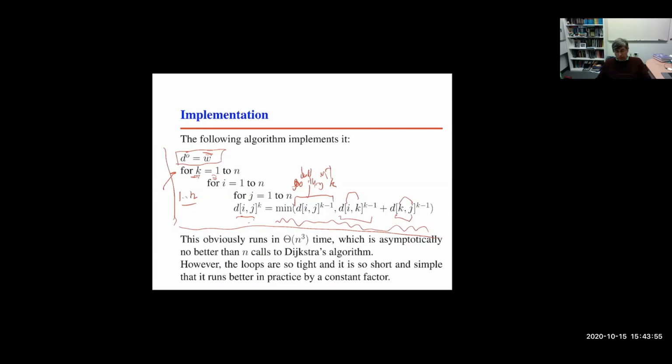Does everybody see that if I run this thing, by the time I get to the end, d sub ij raised to the n is the shortest path from i to j using any vertex as a possible intermediary? That is going to be the shortest path from i to j for every pair of vertices in the graph. Any questions about this algorithm?